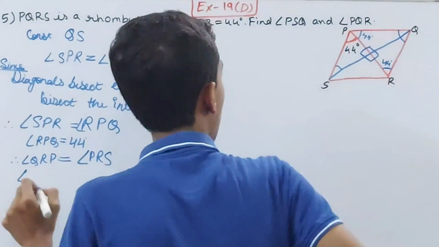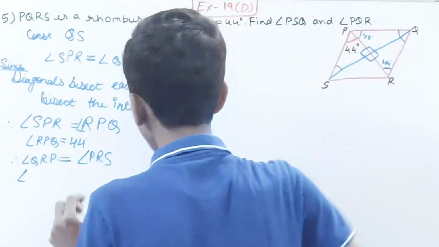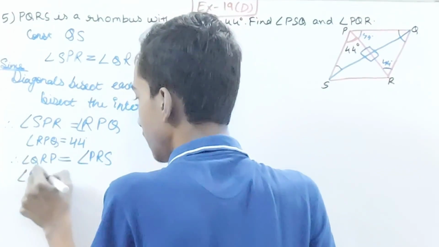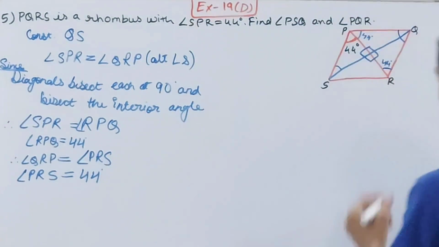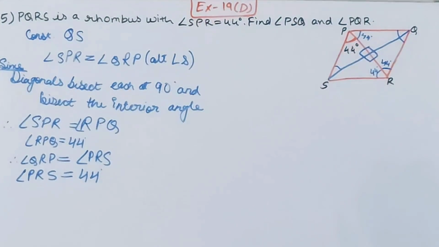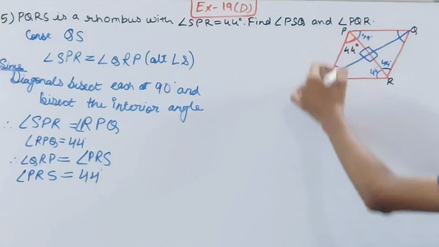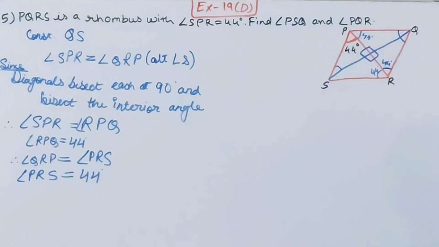So angle PRS will be equal to 44 degrees. Yes, so this is 44, this one will also become 44.